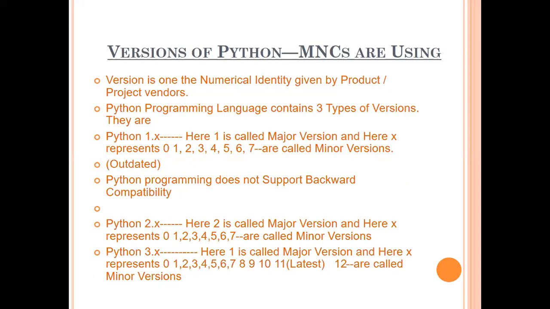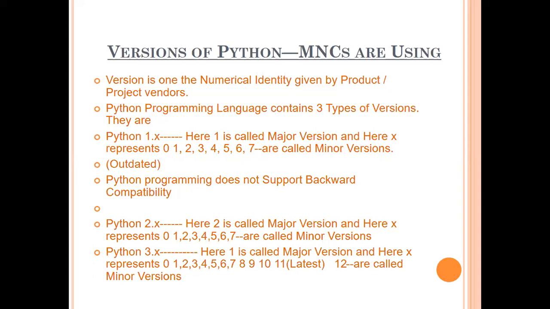Now Python 3.x. I put Python 3.x here. If we talk about 3.x, 3 is the major version. I wrote it wrong, I'll clear it. 3 is the major version and x represents the minor version.